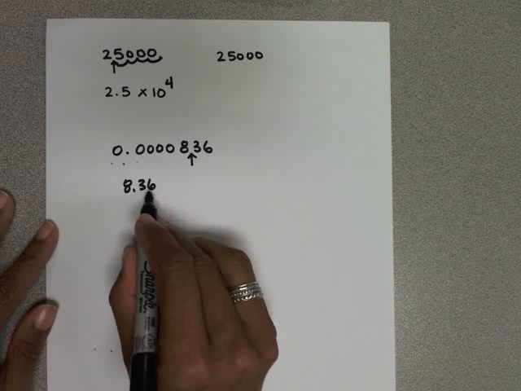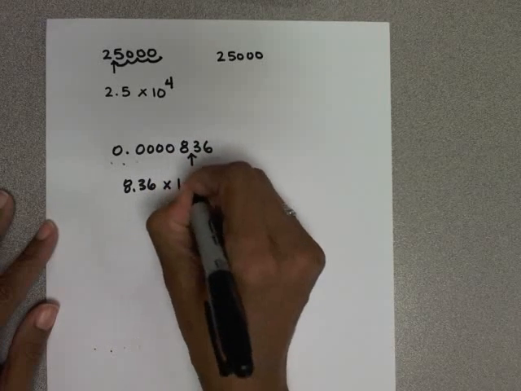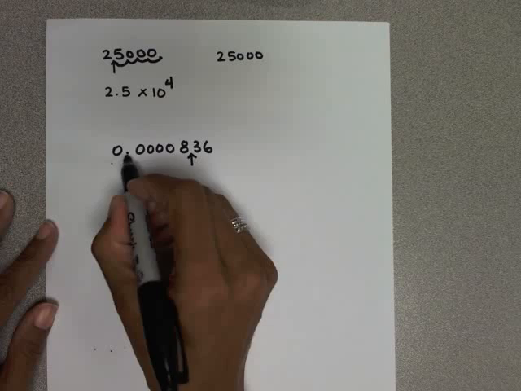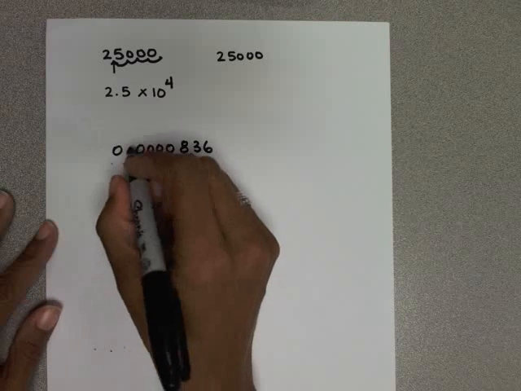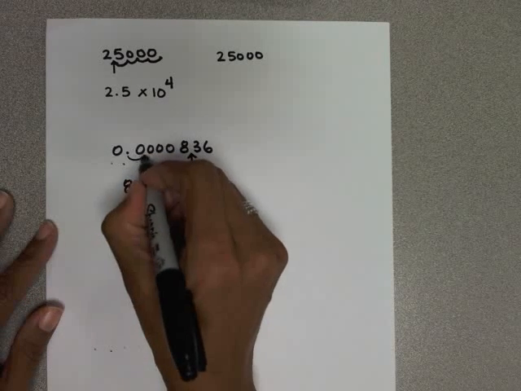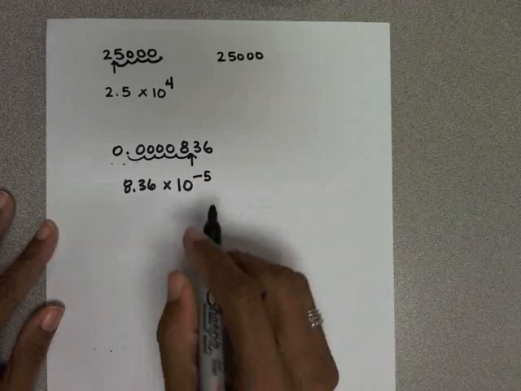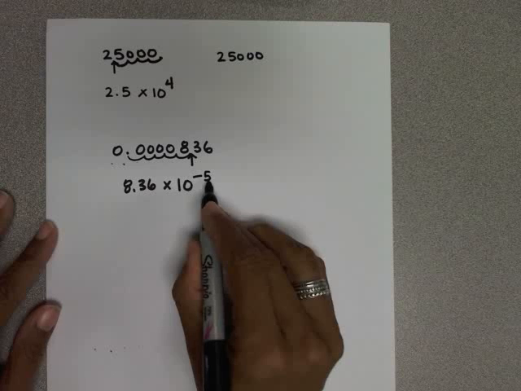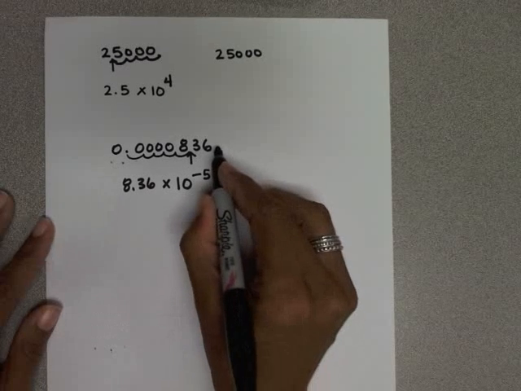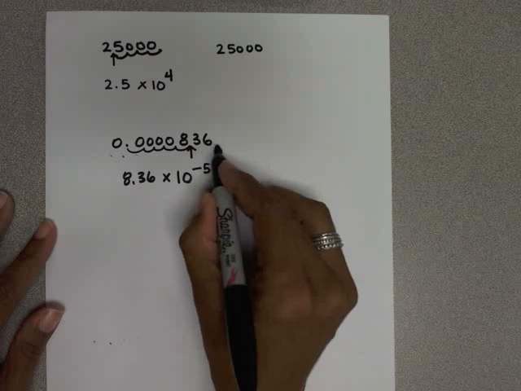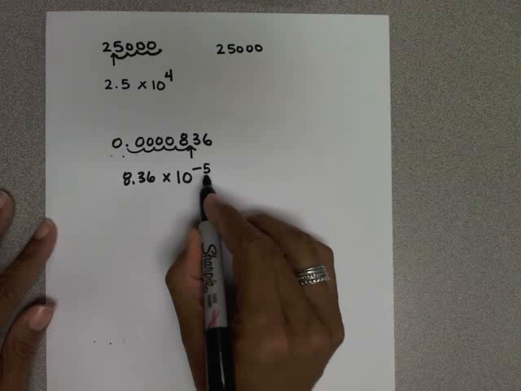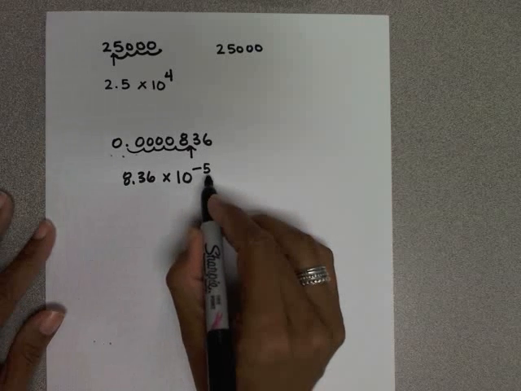So we have 8.36 times 10 to the, and we count how many decimal places we've had to move our decimal point. 1, 2, 3, 4, 5. And this time our exponent is negative because our original number was much smaller than 1. It was smaller than 1, so it would have a negative exponent when written in scientific notation.